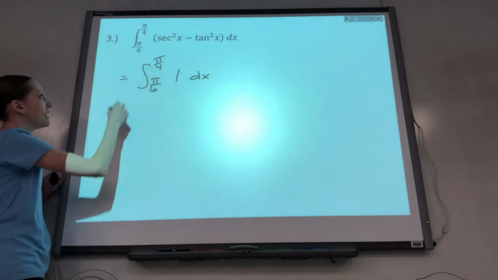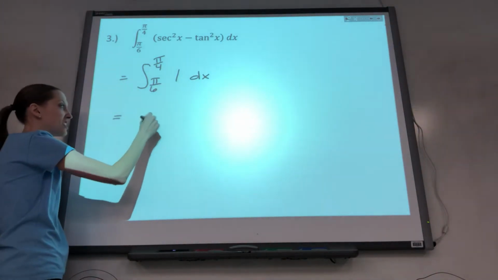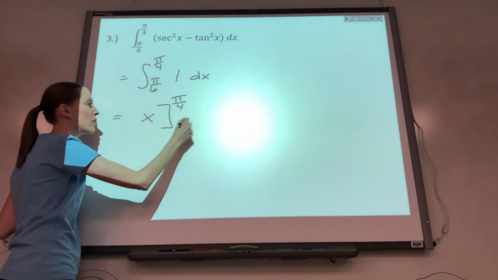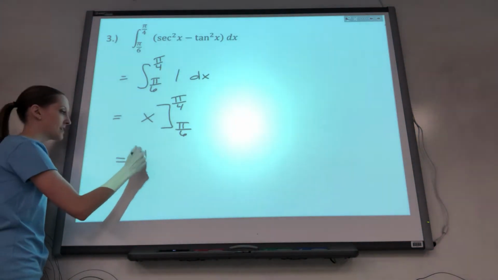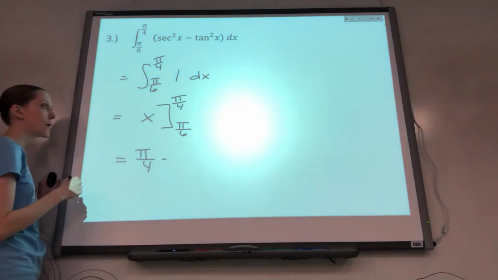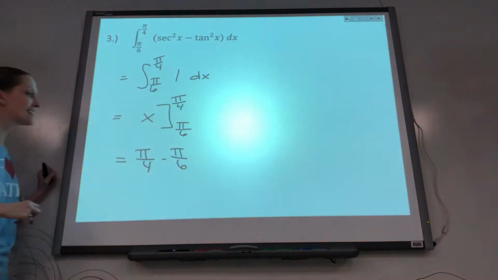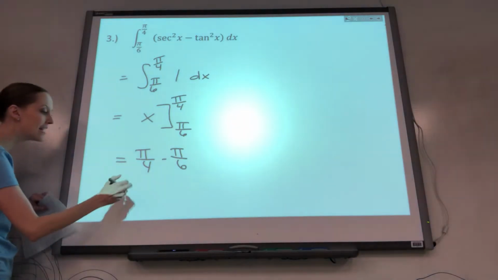So what do you get if you integrate 1 with respect to x? Just x. And now we have to take that from pi over 6 to pi over 4. So plug in the pi over 4 first. I've got pi over 4 minus pi over 6. Now, like I said earlier, it's probably best if you try to keep it in terms of pi.